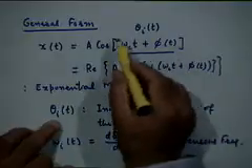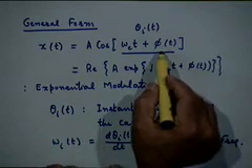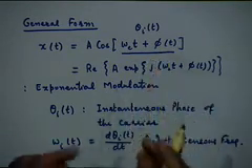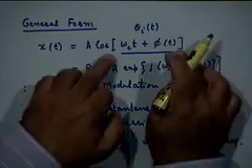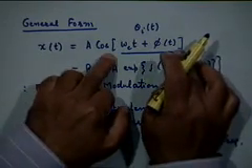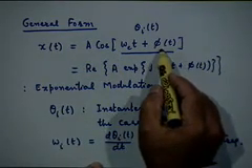Now let me introduce some more terms. Whereas theta i refers to the phase of the carrier, we should also give a name to phi of t, right? Normally when you talk about phase, actually you refer to this, but really speaking that's the precise meaning of phase, right? So what should we call phi of t?